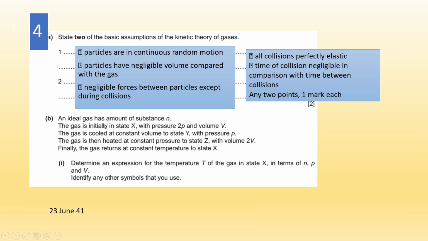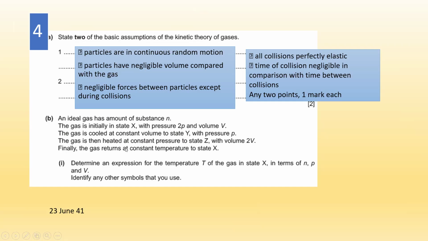An ideal gas has an amount of substance N and the gas is initially at a state X, pressure 2P and volume V. The gas is cooled at a constant volume to state Y with pressure P. The gas is then heated at constant pressure to state Z with volume 2V.